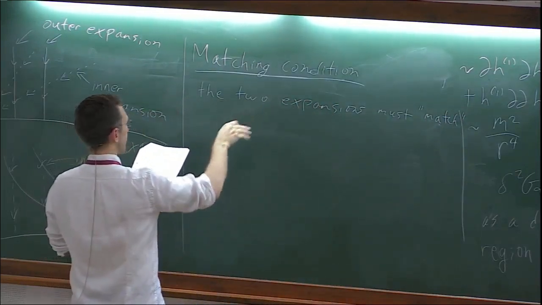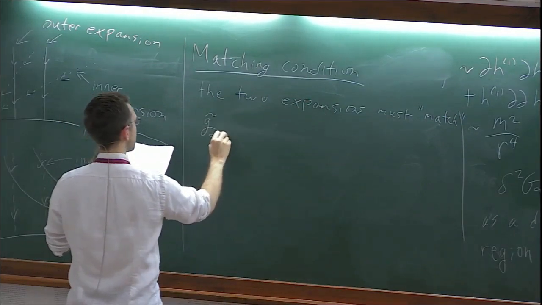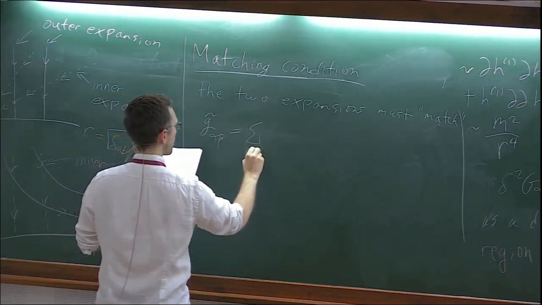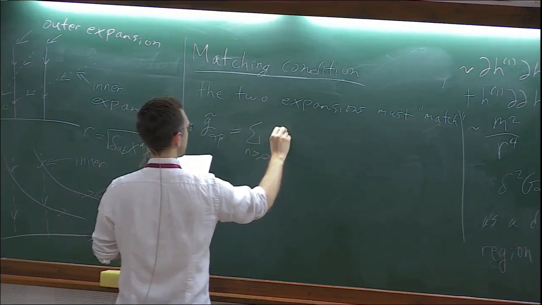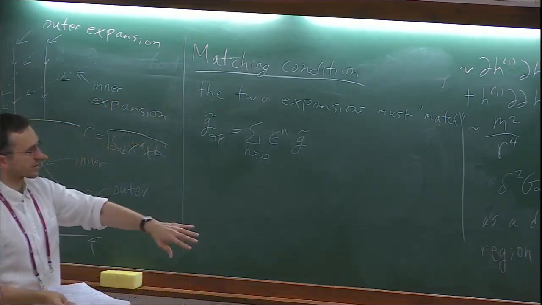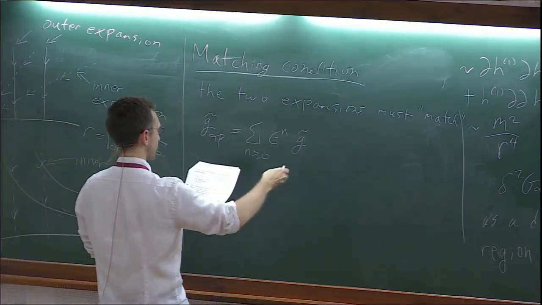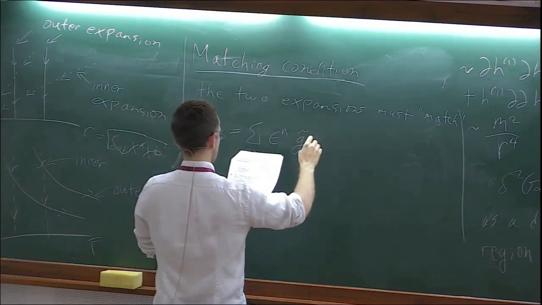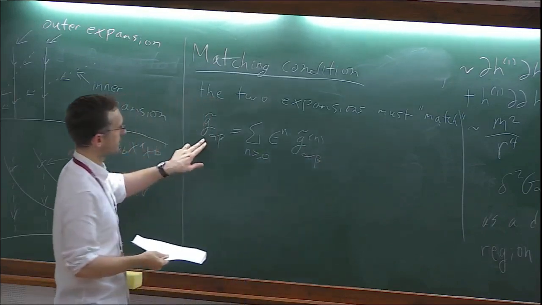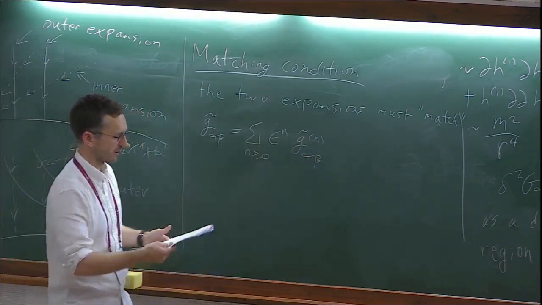Now, to see what I mean by the matching, I'm going to first write the two expansions in a slightly different form. Rather than introducing lowercase h's and uppercase H's and g object superscript, I'm just going to use the same symbol I use for the exact metric, but introduce a superscript n, indicating the power of epsilon.